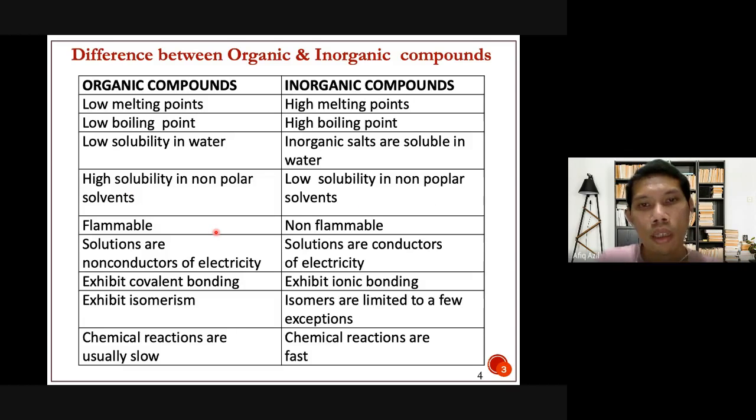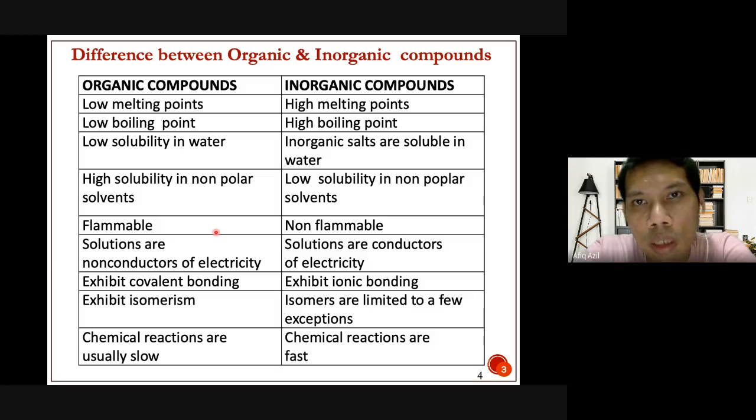I've listed here some of the differences that you can see between organic and inorganic compounds. Most organic compounds have low melting and low boiling points, and some might have low solubility in water. Whereas inorganic compounds have high melting and high boiling points, due to the fact that most of them contain metal.